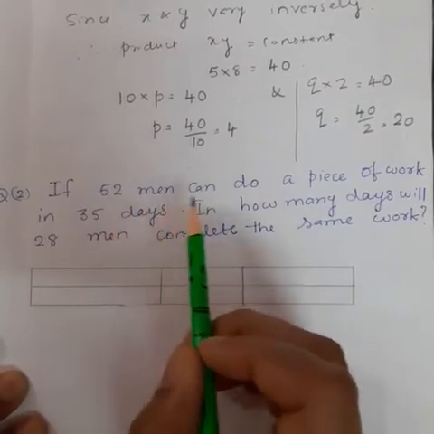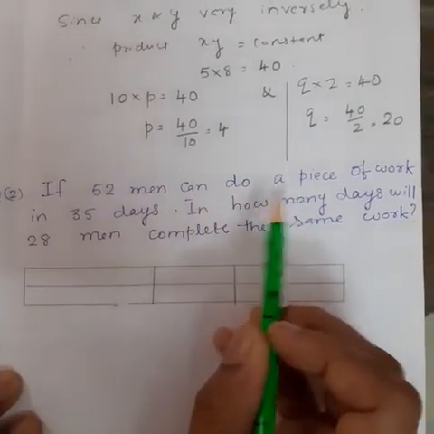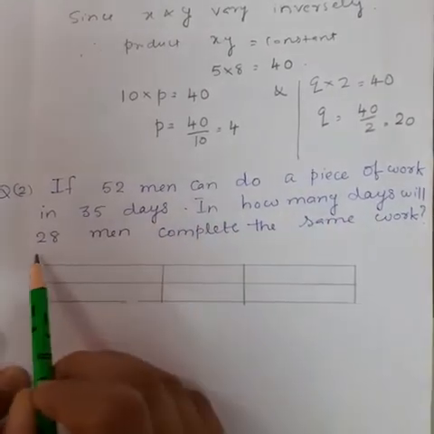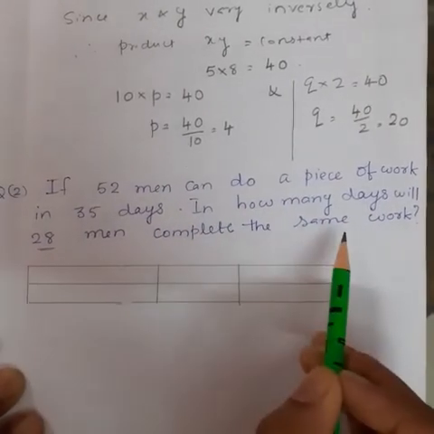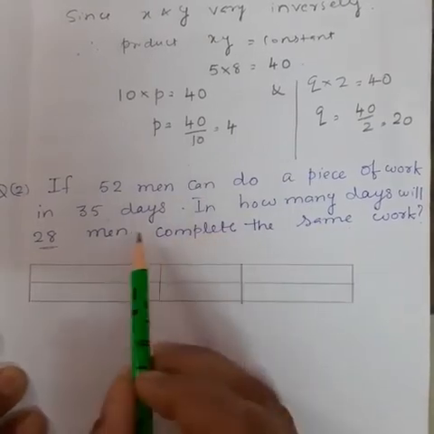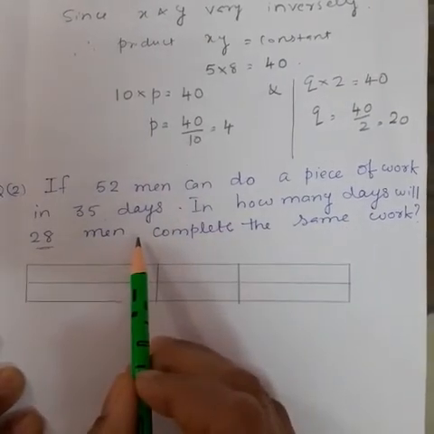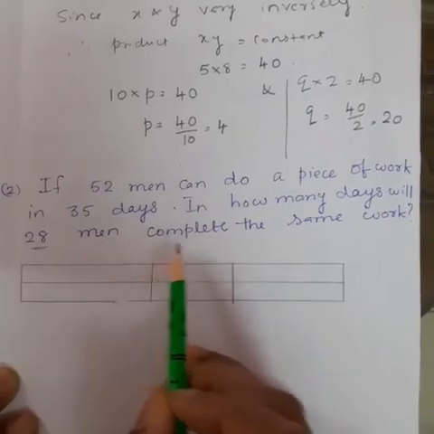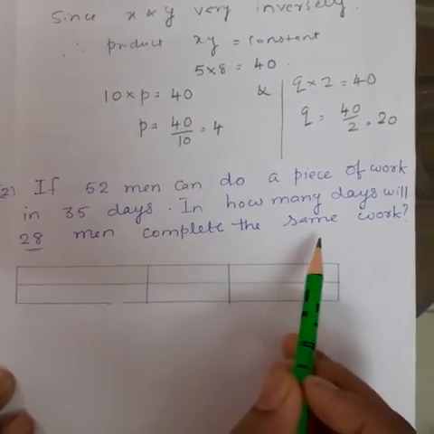If 52 men can do a piece of work in 35 days, in how many days will 28 men complete the same work? Here we have to find the number of days 28 men will take to complete the same work.